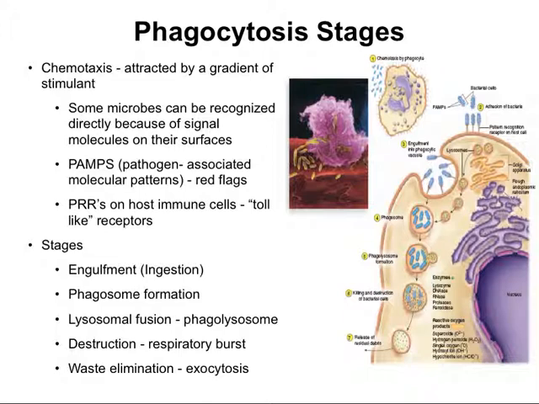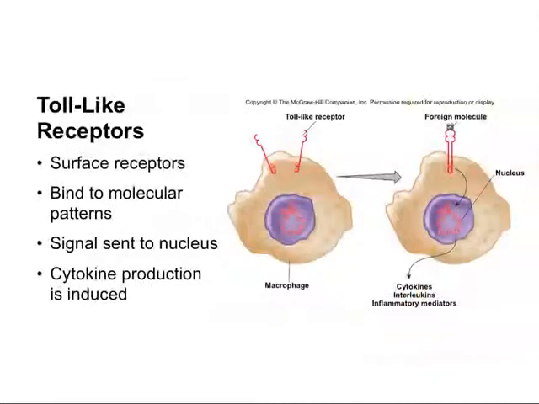PAMPs are things like peptidoglycan or lipopolysaccharide or double-stranded RNA, things you wouldn't see in mammalian cells. On the host side of the equation, our immune cells have PRRs, or pattern recognition receptors. These pattern recognition receptors do exactly that. They recognize the PAMPs and launch an immune response. Now, here's an example of a PRR. They're toll-like receptors, not because they're anything to do with payment or anything, but the original receptors were toll receptors, and these ones are toll-like receptors.